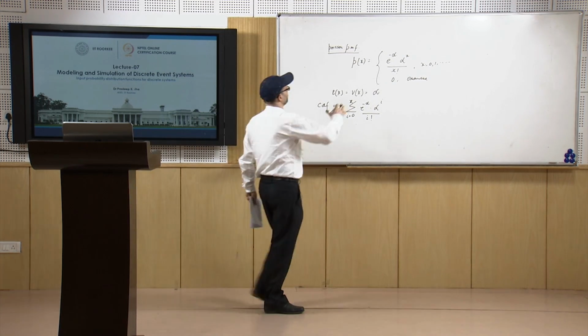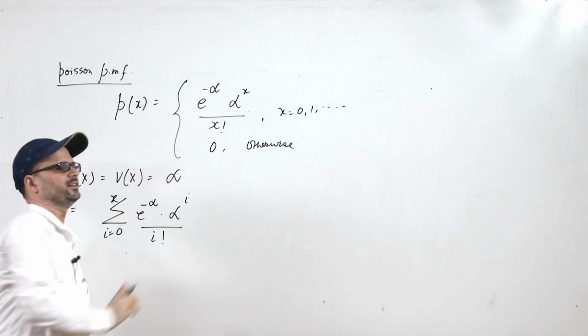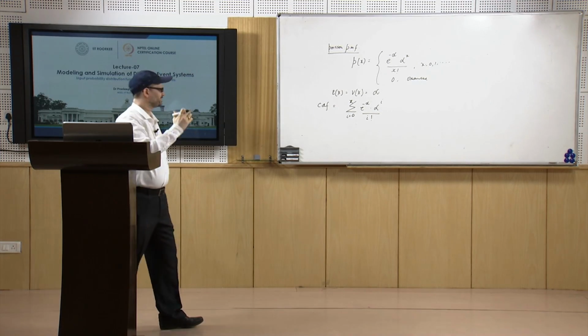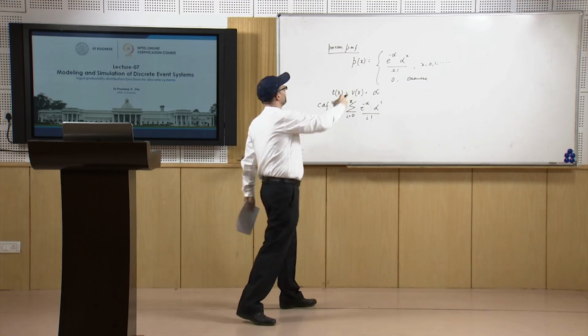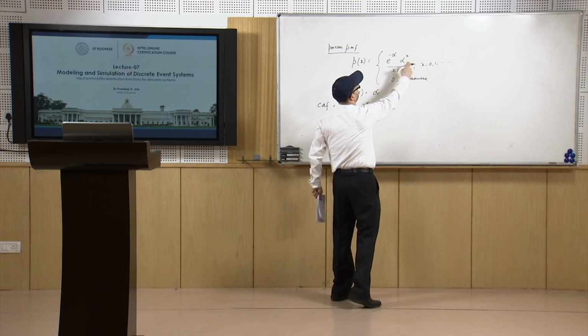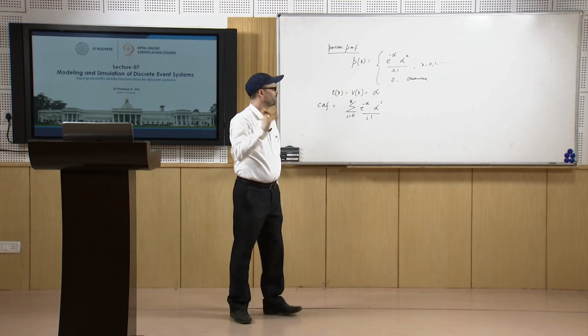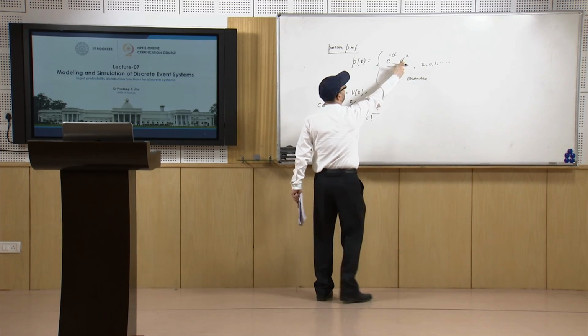Means, if suppose we try to find the defects which are coming, that may be like 0 defect, 1 defect or so, and there is a mean rate which is defined, this is alpha, the mean value.